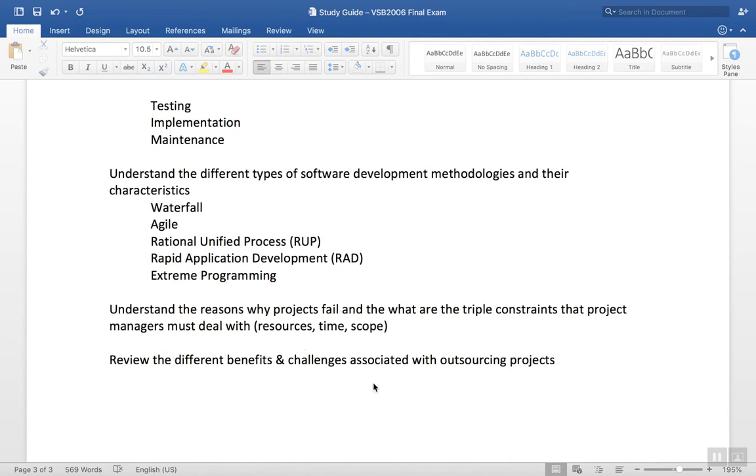And finally, the last thing we talked about within Chapter 9 was simply some of the issues of dealing with outsourcing and some of the challenges with outsourcing projects. Your organization should not outsource core business functionality or things that organizations leverage for their competitive advantage.